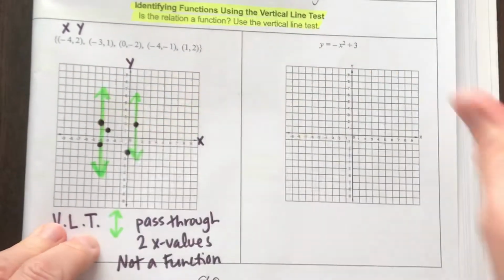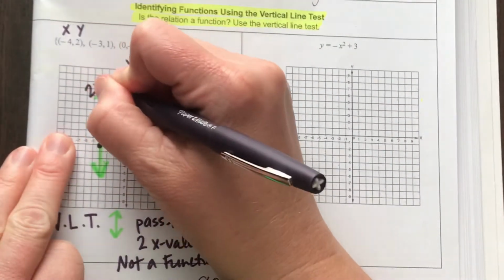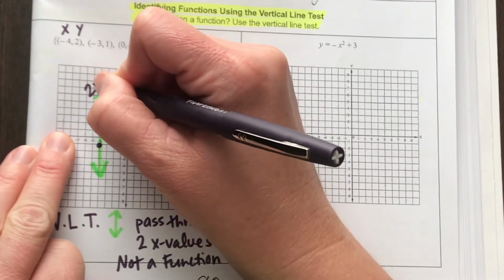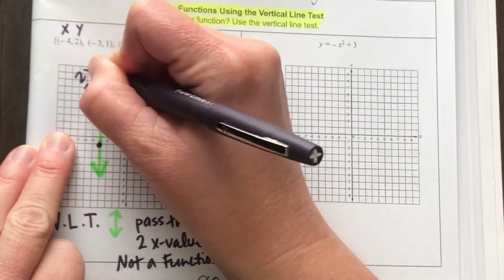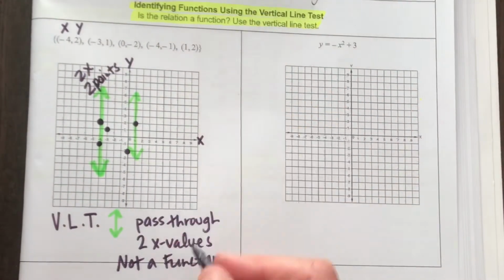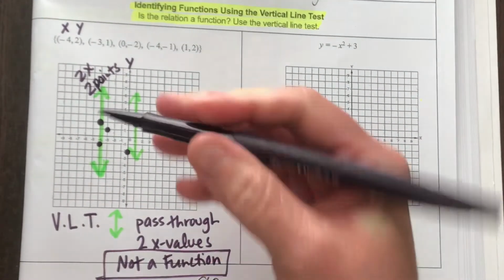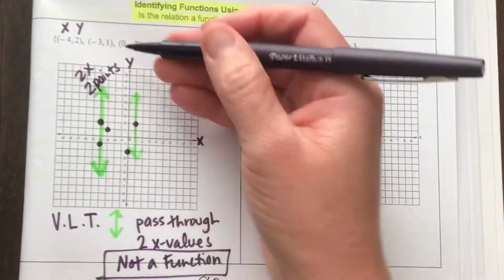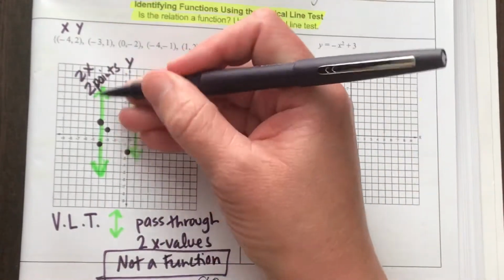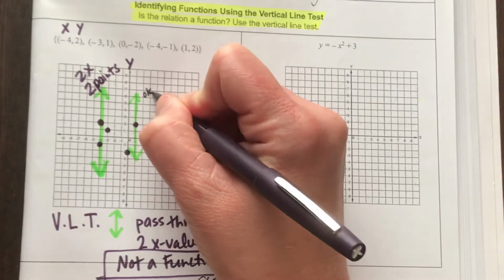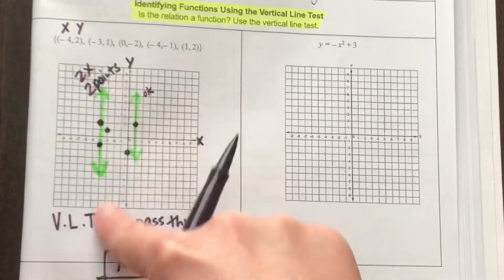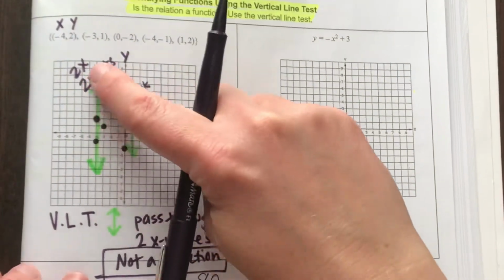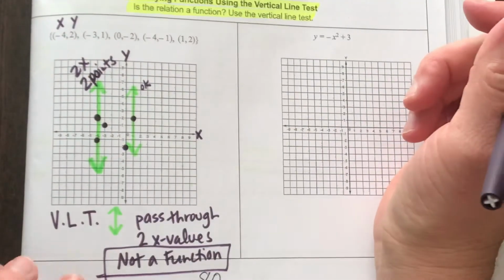Because this happens over here, because it crosses two times, this would be called not a function, because a vertical line can pass through this set of points more than once. So even though it's okay here, it doesn't pass the test, because over here it will pass through that x value twice.